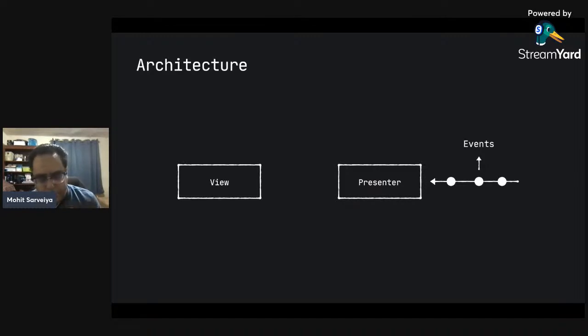The way each of the screens on each tab is set up, it has a presenter which takes in a stream of events. This is the same setup that I showed before, and it generates a model for the view.